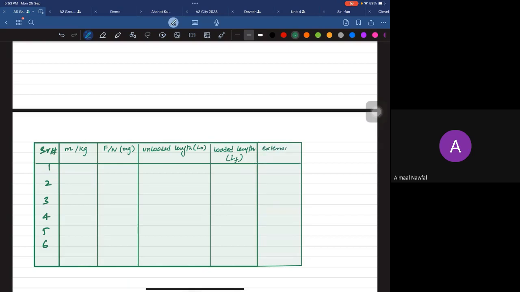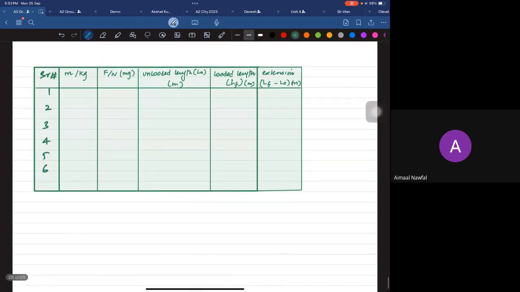The extension will be basically the final length minus the unloaded length, right? So this will be in meters. This will also be in meters. This will also be in meters, and everything else is in newtons and kgs, right? Do you guys get it? Yeah. So you can draw this.